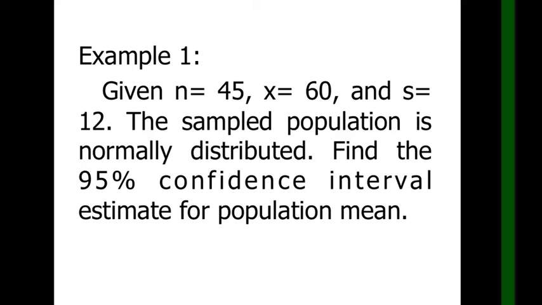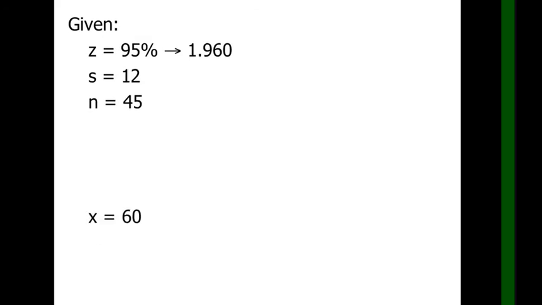So we have n equals 45, x equals 60, s or sigma, s is also equivalent to sigma. Okay, that is 12, and 95%, which is the letter z. Letter Z is equivalent to 95%, which is also equal to 1.960. S is 12, N is 45, and X equals 60.